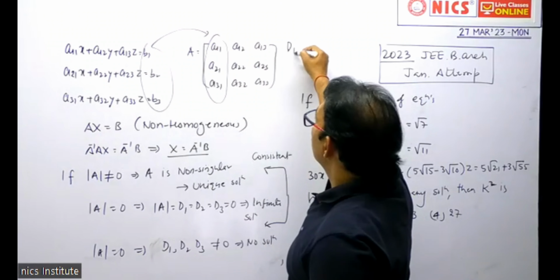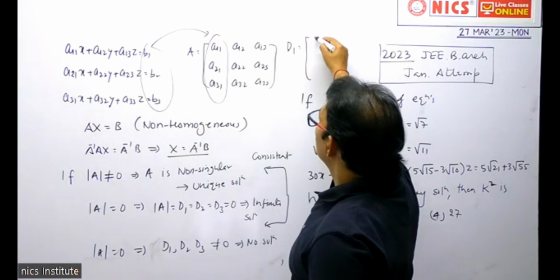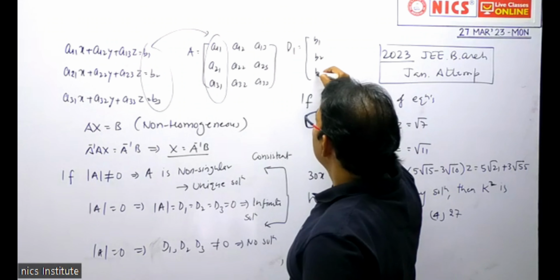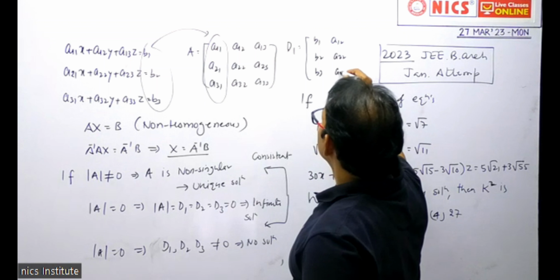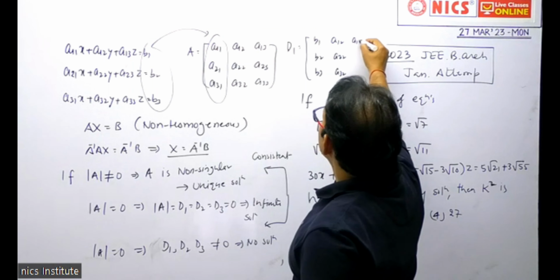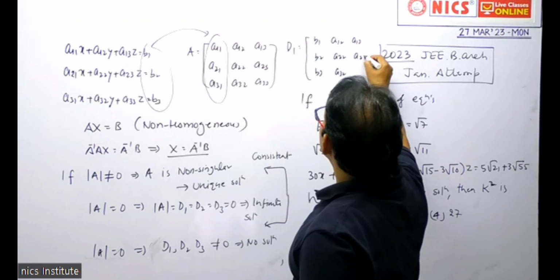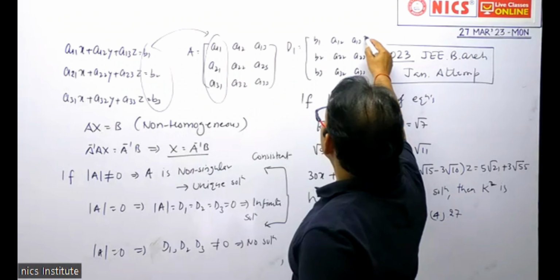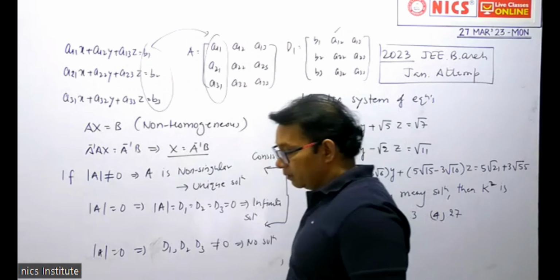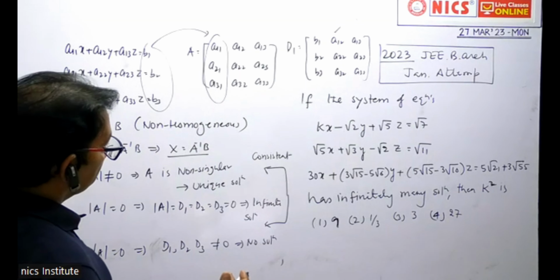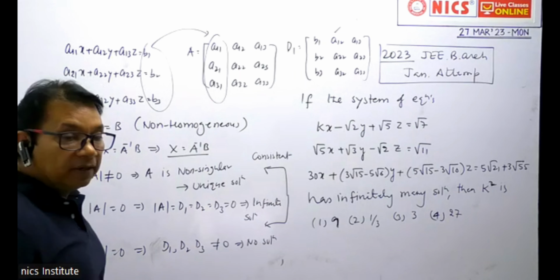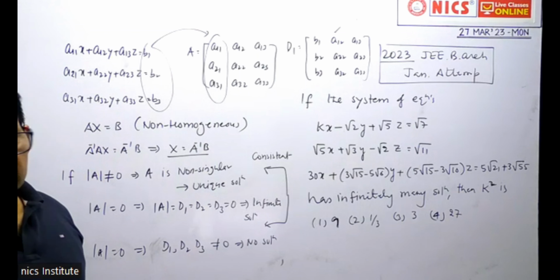That means D1 would be the matrix whose first column is B1, B2, B3, and the rest remain the same. When you replace the second column by B1, B2, B3, the rest remaining the same, it is D2. When you replace the third column by B1, B2, B3, it is D3. So this is how you find the answer for this kind of question.